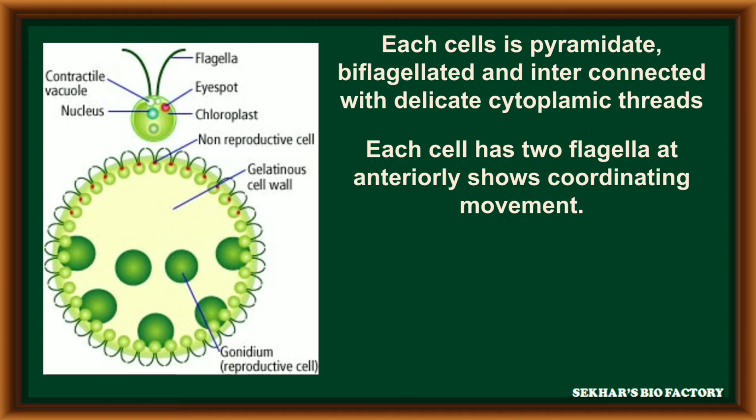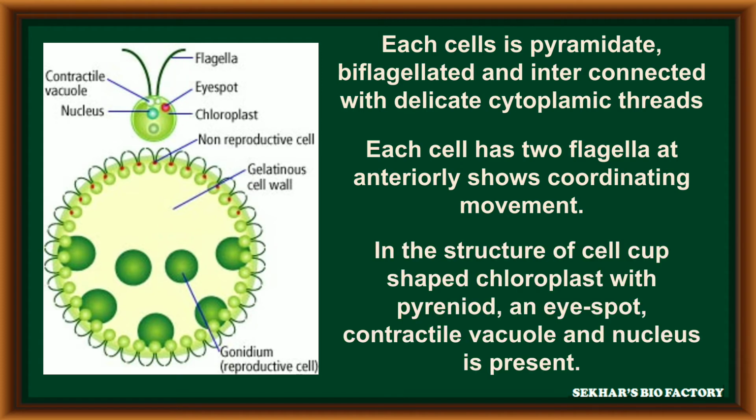Each cell has two flagella at the anterior side. Now all these flagella show coordinated movement. In the structure of a cell, it has a cup-shaped chloroplast with pyrenoids, along with an eye spot, contractile vacuole, and nucleus.